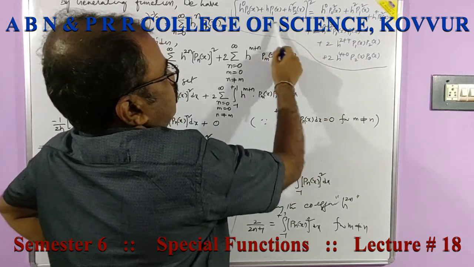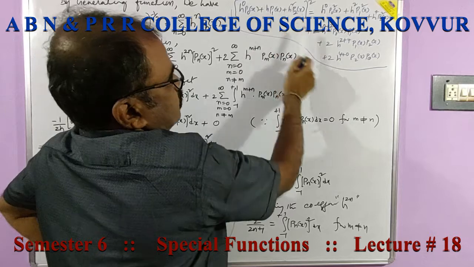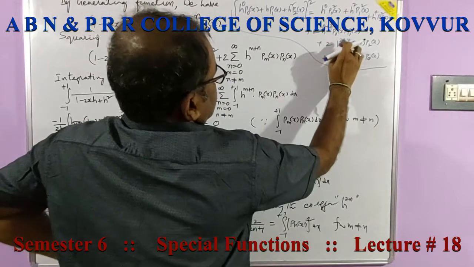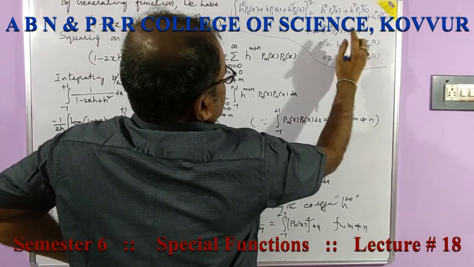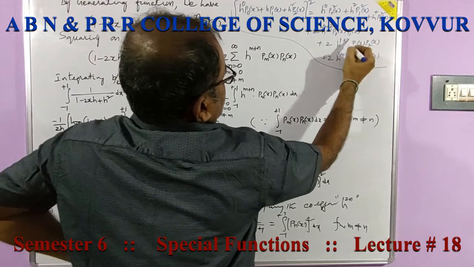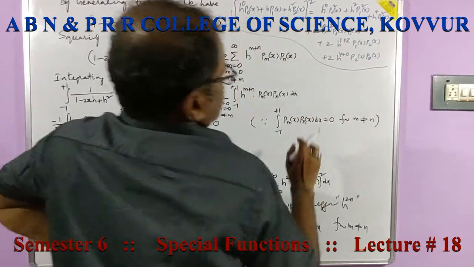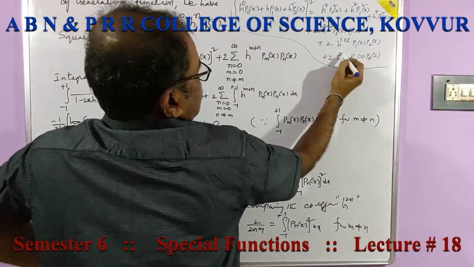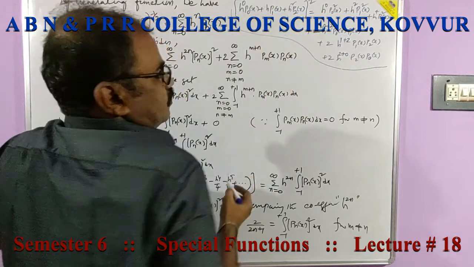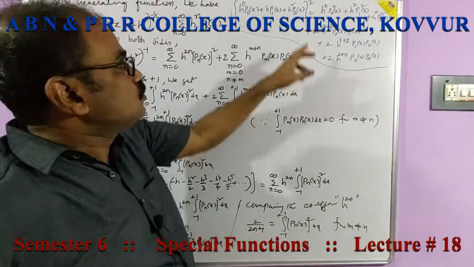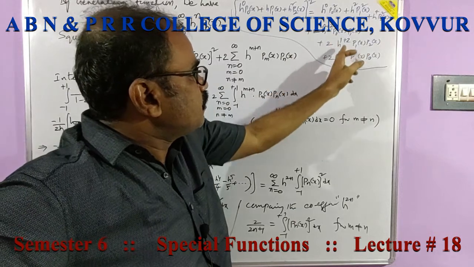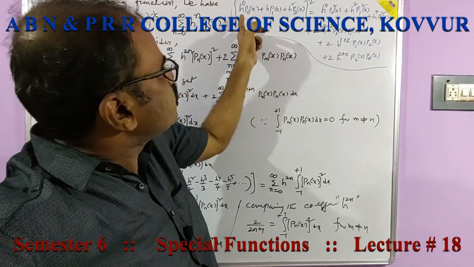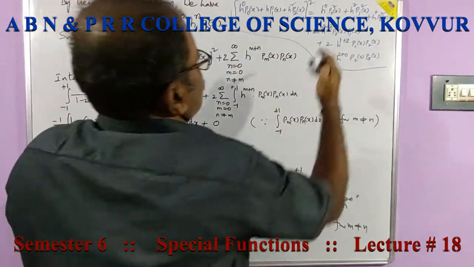Next 2 into bc, h power 1 plus h square, h power 1 into h square, P1(x) P2(x), and here h power 2 plus h power 0, P2(x) P0(x). 2ab, P0 P1, P1 P2, P2 P0.